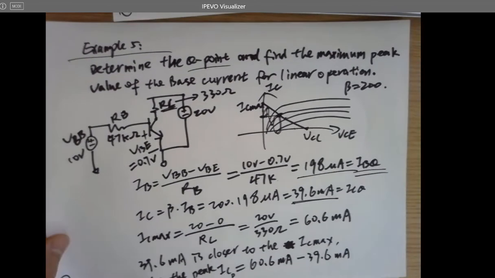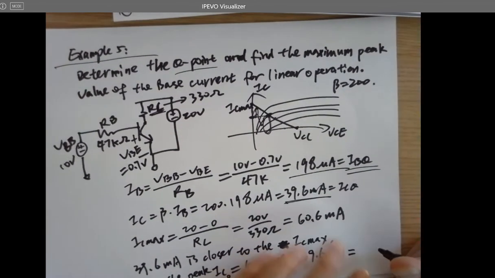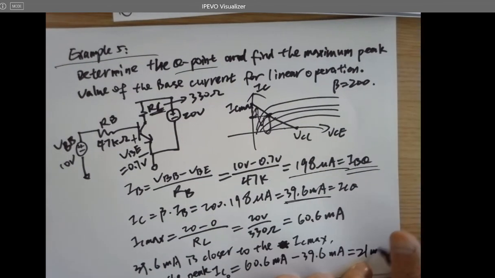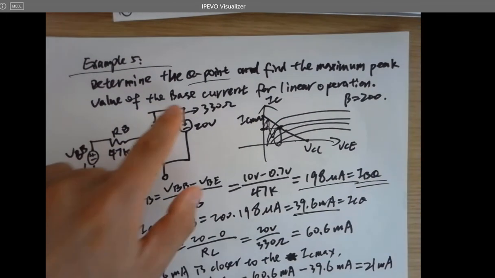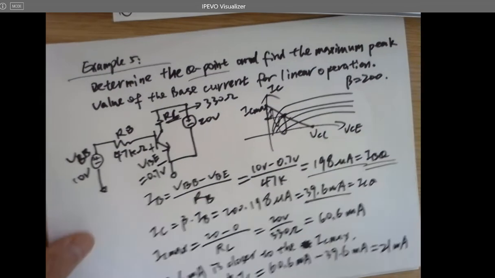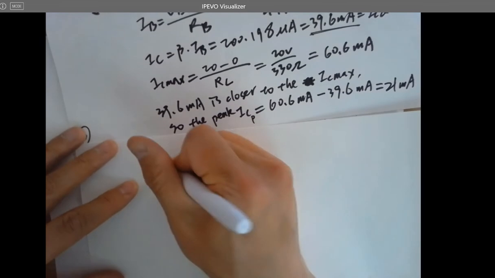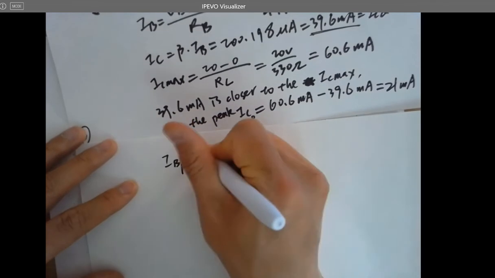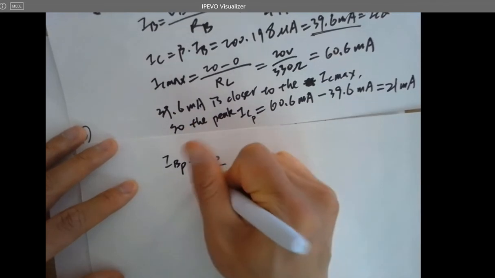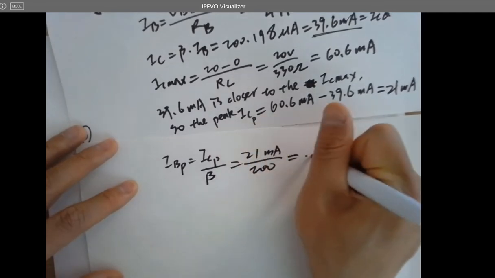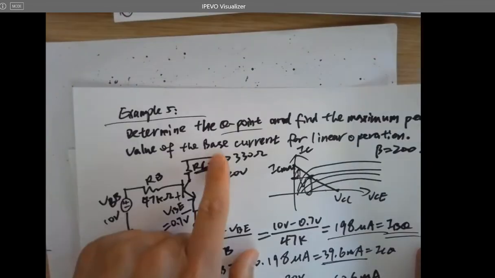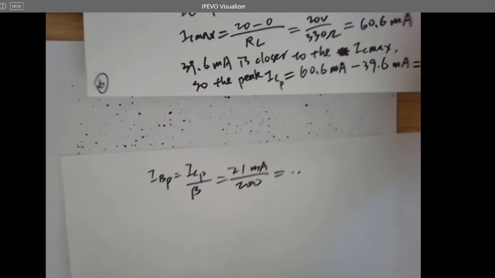So in that case, this is somewhere around 21 milliamp. So it's asking for the maximum value for the base current. So we know ICP. So IBP is ICP over beta, right? So it's 21 milliamps over 200. So you can find out the maximum base current swing, which is this.